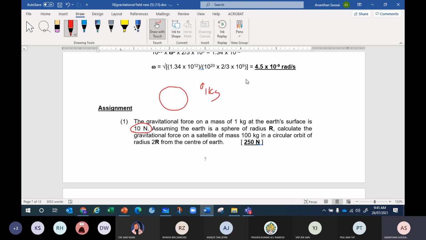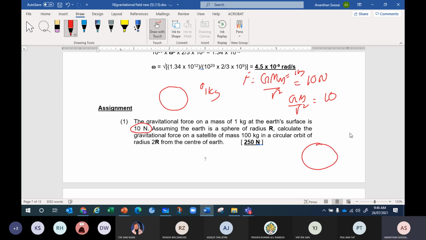What is the gravitational force formula? GMm over r squared should be 10 newtons. So mass is 1 kilogram. That means GM over r squared is found to be 10. Okay, next.